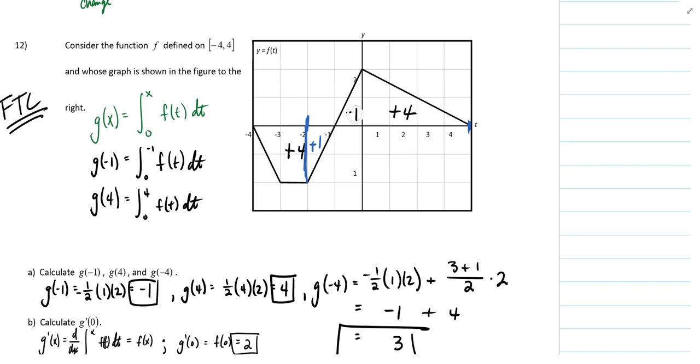So if I'm talking about the accumulated change starting at 0, let's just consider what happens as we move to the left. If I start at 0 and travel to the left, well, there's -1, and then I add to it another 1. The total area accumulated from right to left from 0 to -2 ends up equaling 0. These areas above and below tend to negate each other. They cancel each other out.